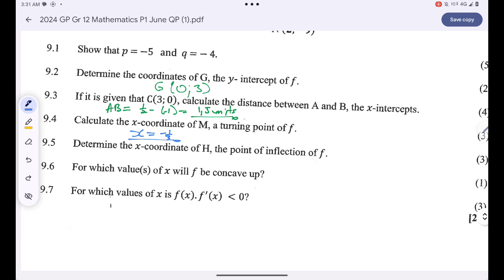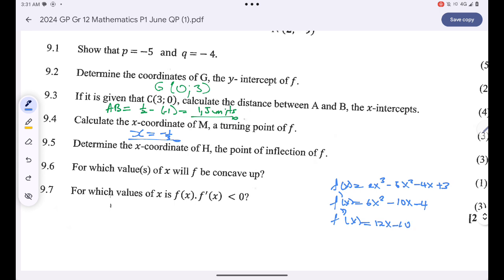Now they want us to find the x coordinate of H, which is the point of inflection of our graph. Point of inflection, guys, you must always make your second derivative equal to 0. If f of x is equal to 2x cubed minus 5x squared minus 4x plus 3, then your first derivative will be 6x squared minus 10x minus 4, and the second derivative will simply be 12x minus 10.